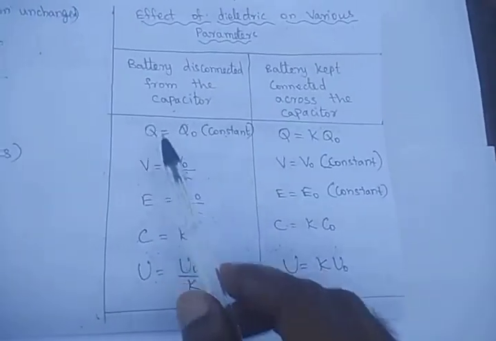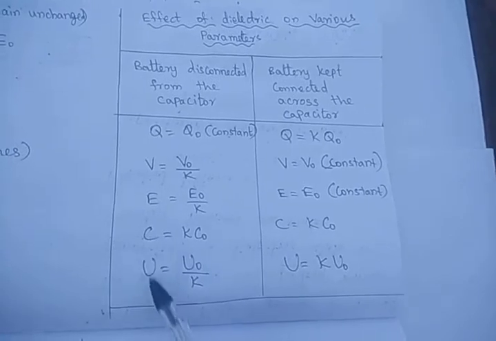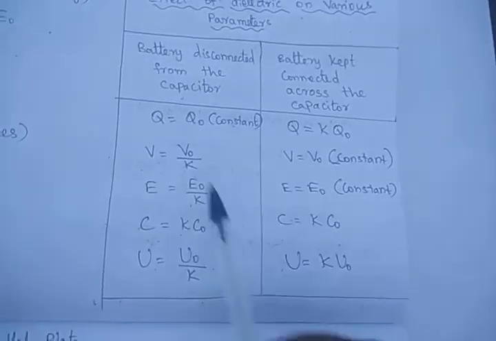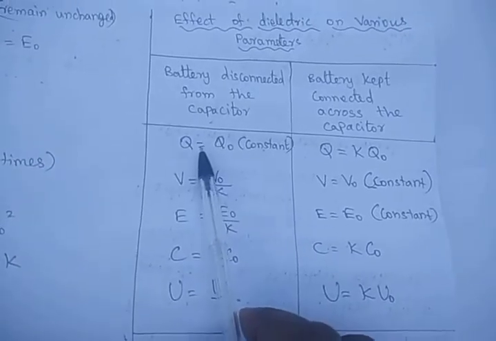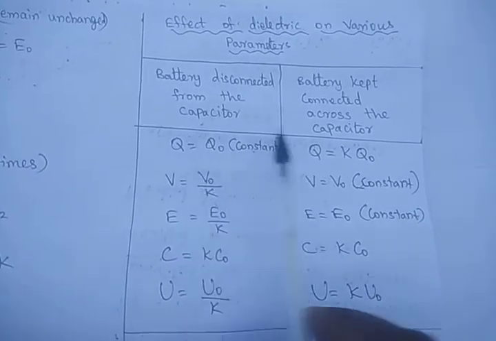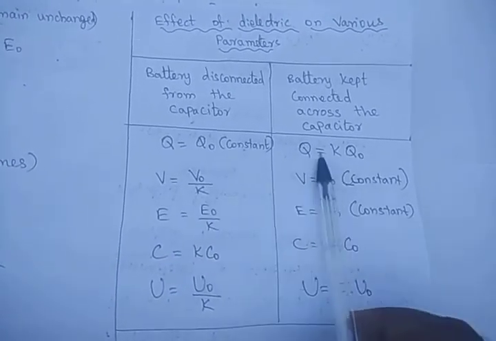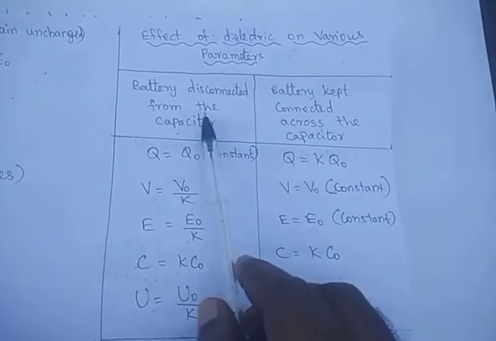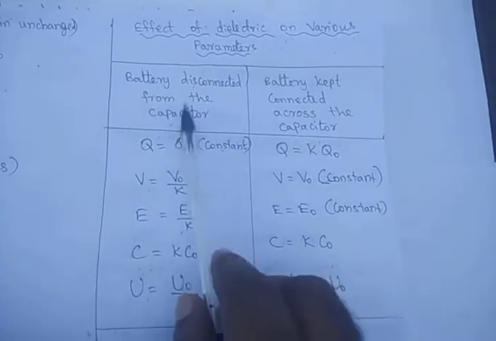What is the change in charge, potential, electric field, capacitance and energy stored in both the cases? We are just comparing that. This is when the dielectric slab is inserted with the battery on, and this is when the dielectric slab is inserted with the battery off.